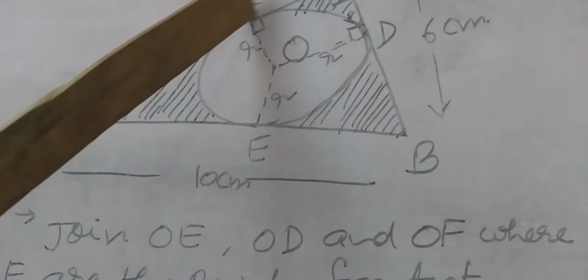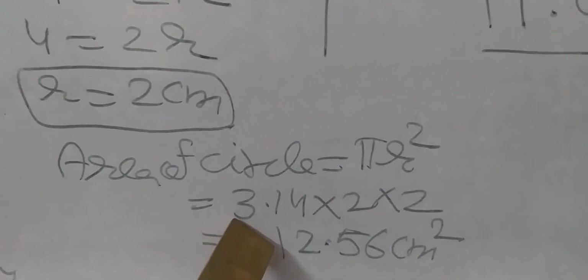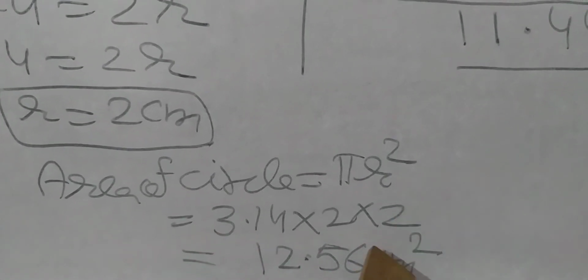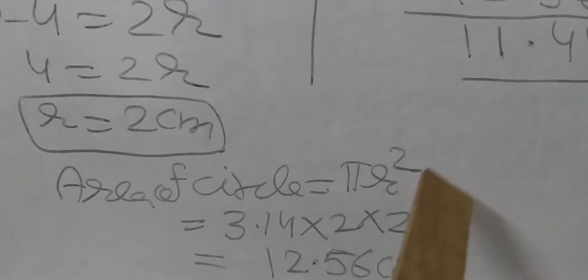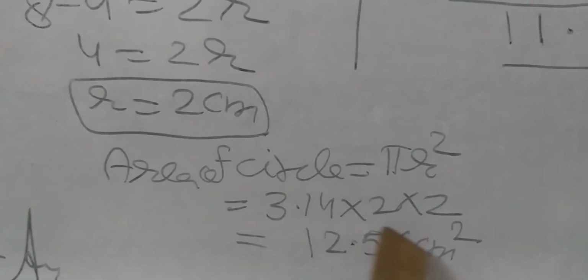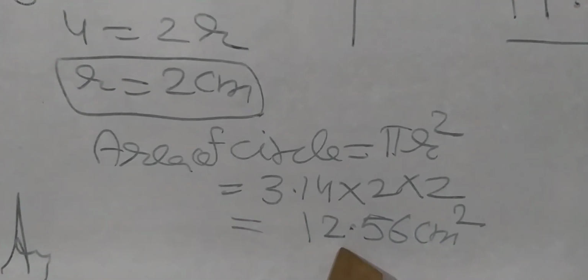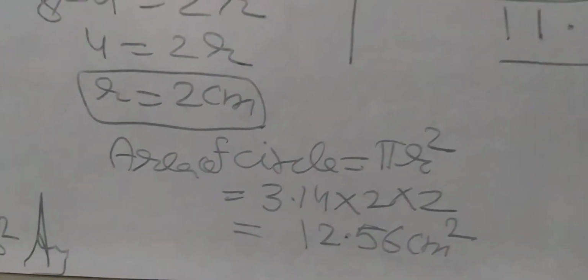Now area of circle, pi r square. So area of circle equals pi r square, pi value 3.14, r value 2 into 2, radius 2 centimeter, that's why r square, we have to write 2 into 2. Let us multiply all. So area of circle is 12.56 centimeter square.